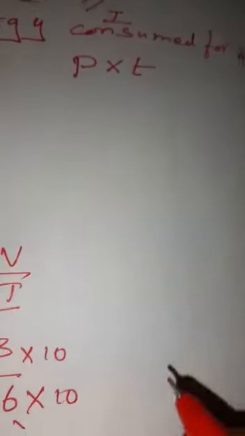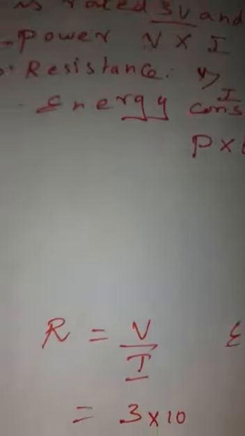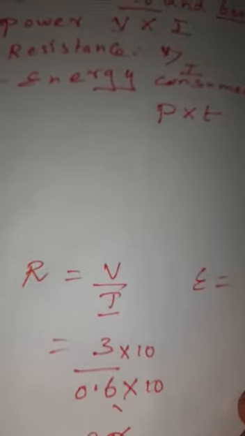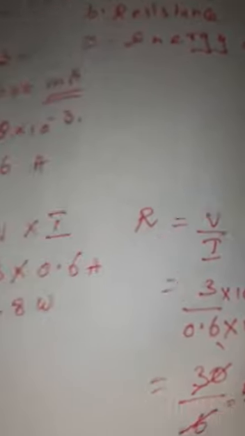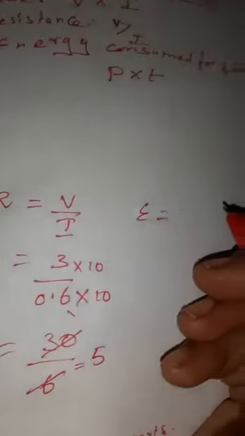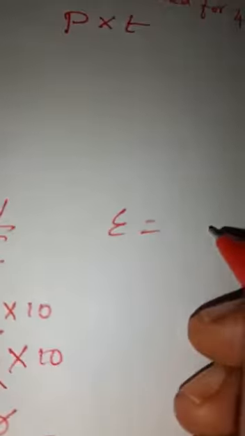Then they ask you to calculate energy. Energy is equal to power into time, isn't it? What is your power? 1.8 watts into time, 4 hours.